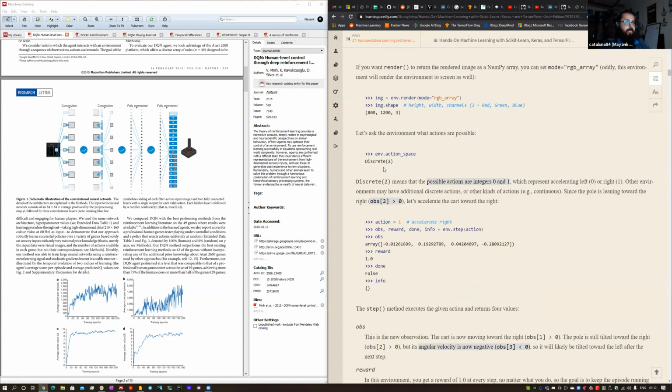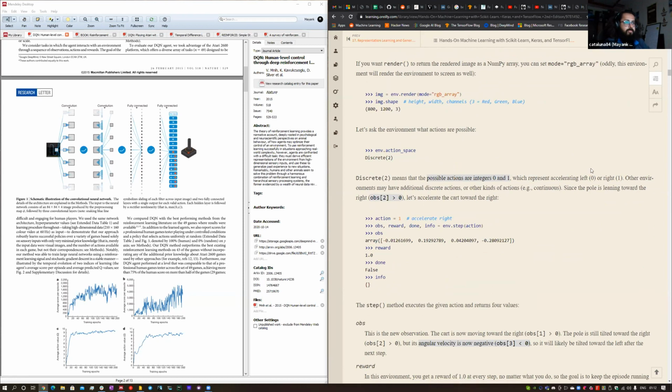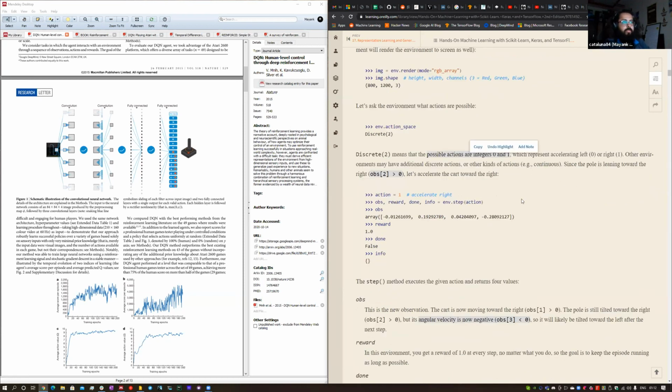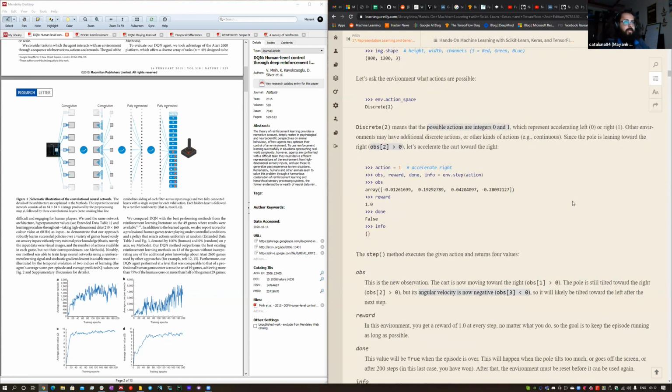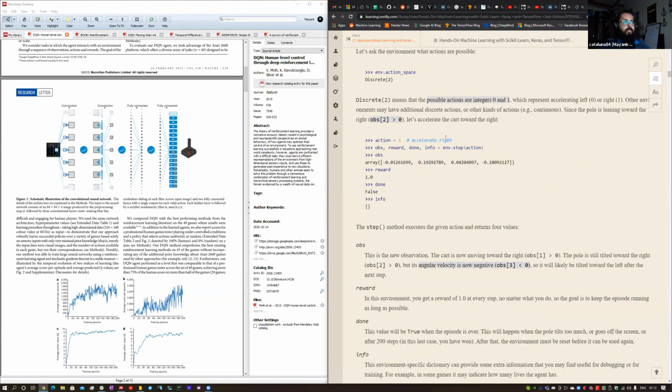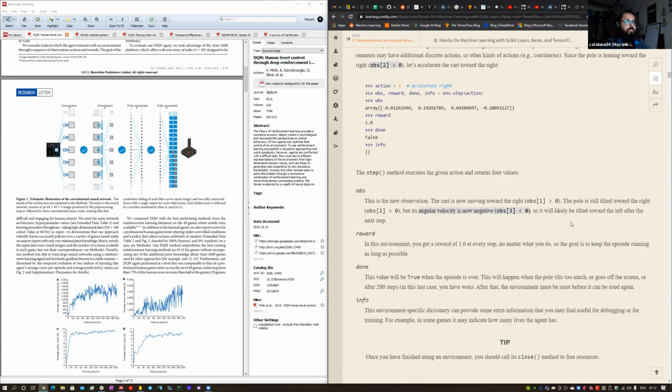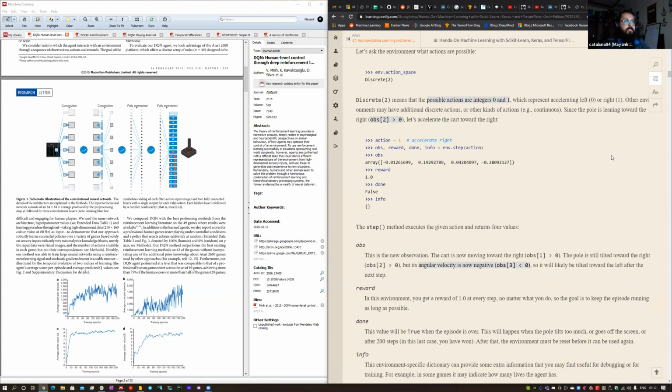Here we will get a reply of Discrete(2), which means the possible integers. The action space here is 0 and 1, which represents accelerating left as 0 and right as 1. Other environments have different action spaces and so on.